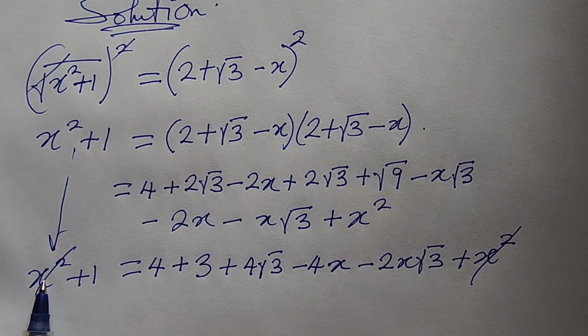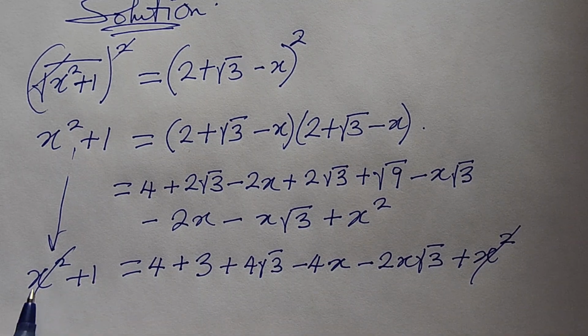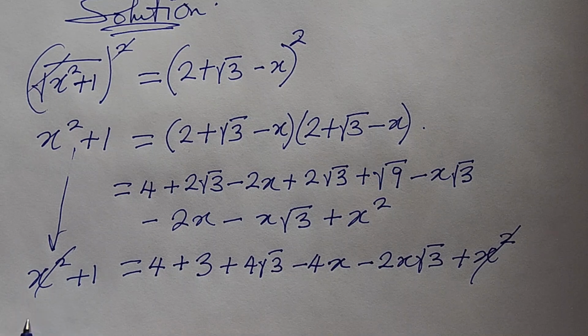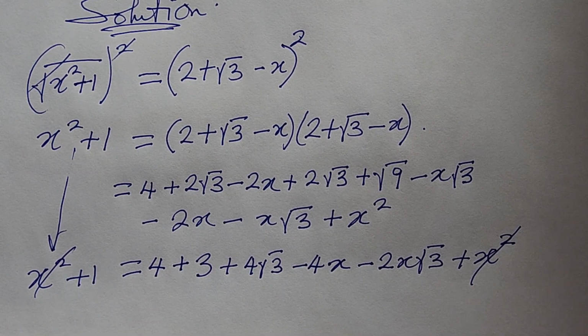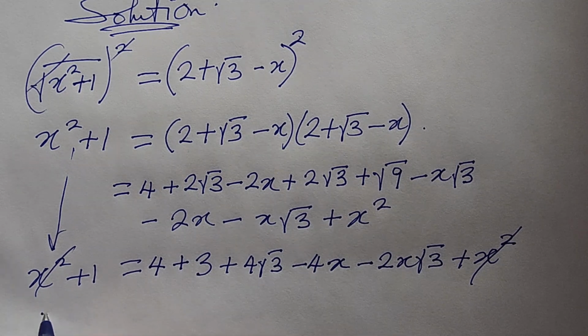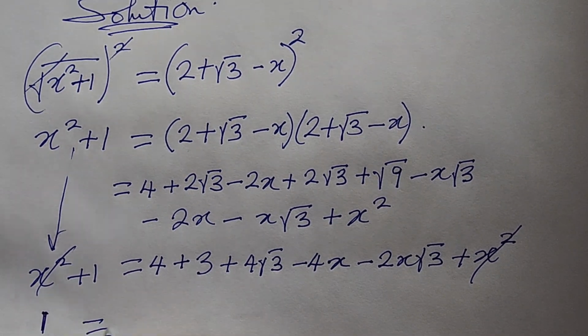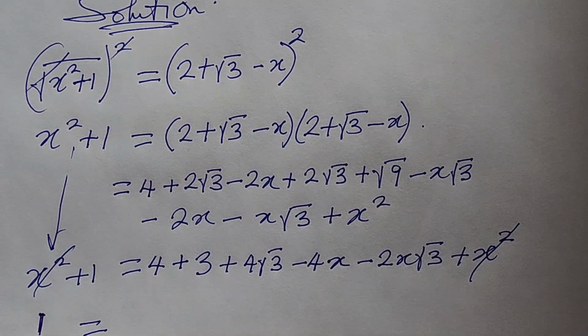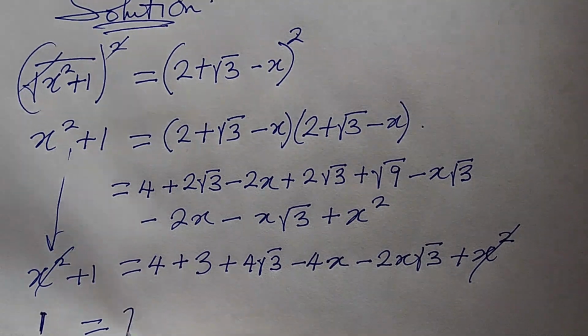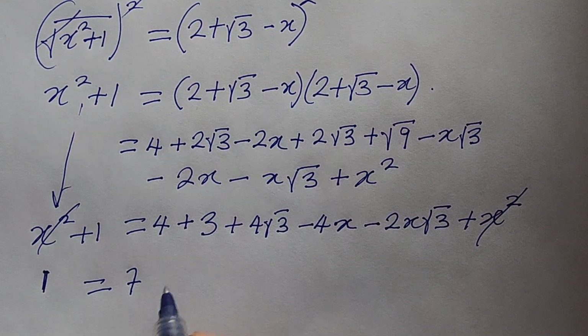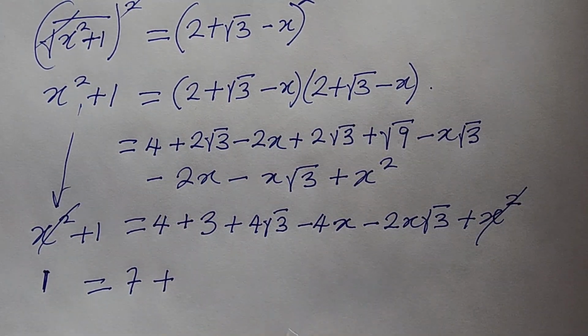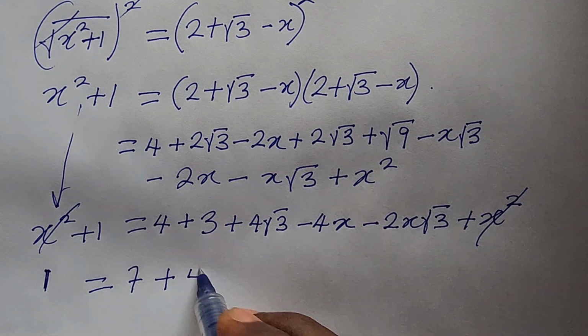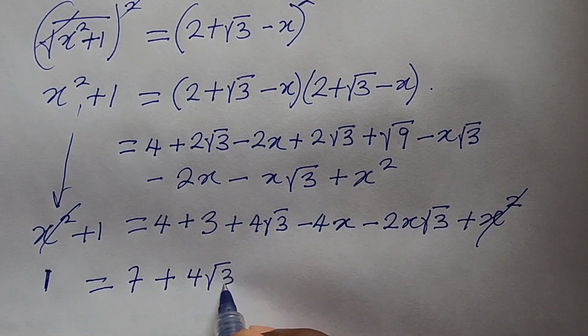So we're going to have plus x to the power of 2 minus x to the power of 2, and that will give us 0. So here we're left with 1 equal to, we can add this together to give us a 7. Then plus we have our 4 root 3.